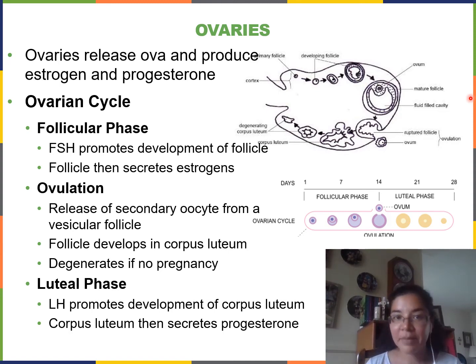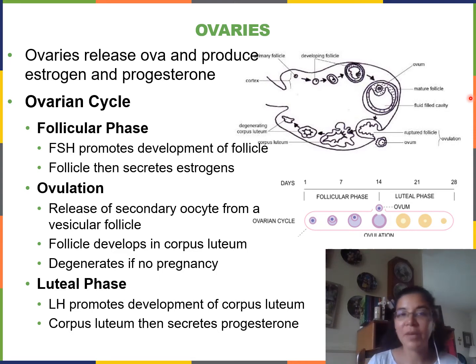Then it stops. It's halted up until puberty, and then it proceeds. But not all cells proceed their meiotic division. Most cells do not. Only a few cells are going to proceed through meiotic division. So meiosis really takes years to decades for females, for the eggs to form.